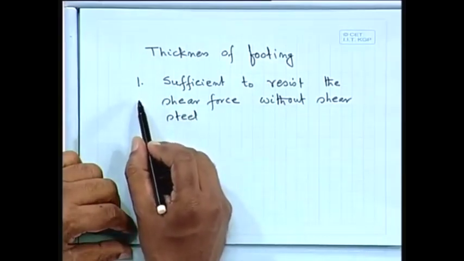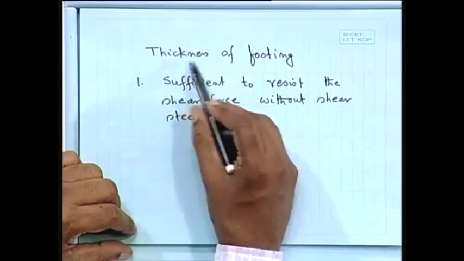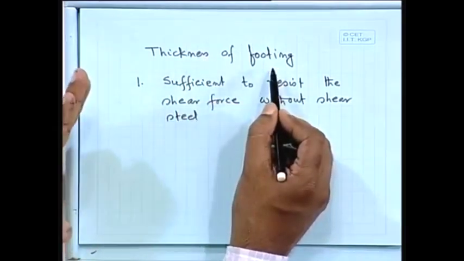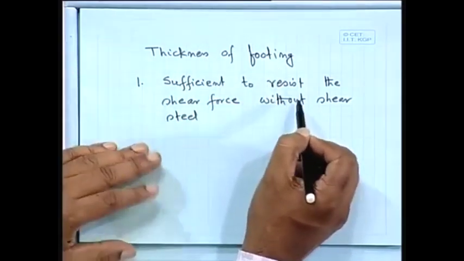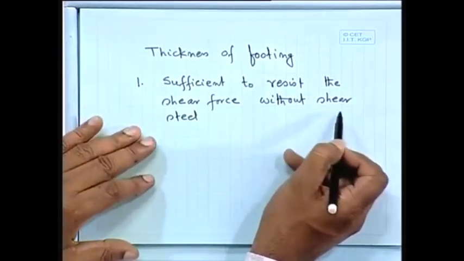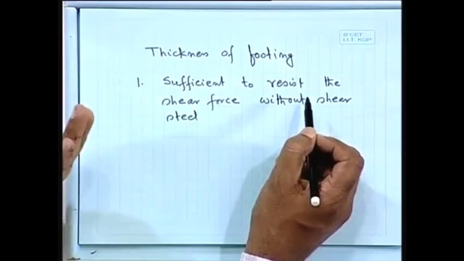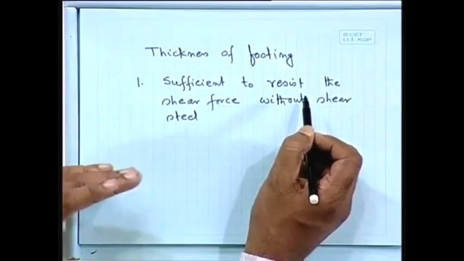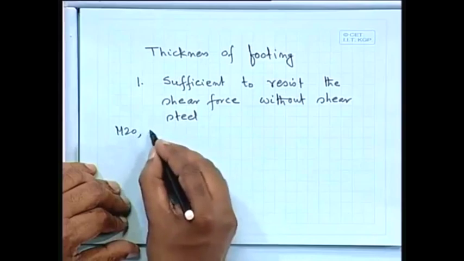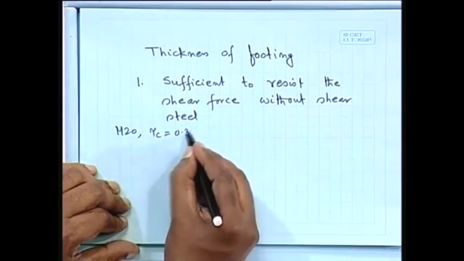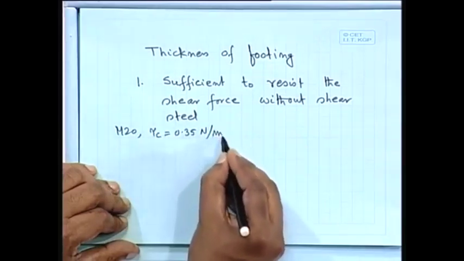So in our case, we have to provide the thickness of footing such that it will resist the shear force without shear steel, that means no stirrup, we do not provide any stirrup. That means for M20 grade of concrete, tau c for M20 is say 0.35 Newton per square millimeter.